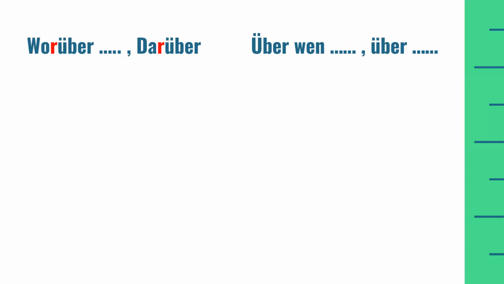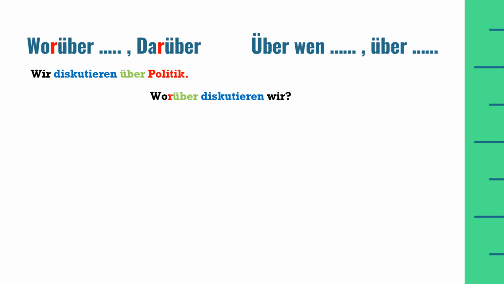Let's have a look at another example. Über preposition is also used in combination with certain verbs, and if we are using the verb diskutieren, which means to discuss, then we can use this über preposition for something that we are talking about. Wir diskutieren über Politik. We are talking about politics. If we want to ask a question, what are we discussing about?